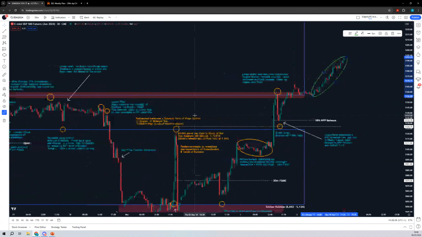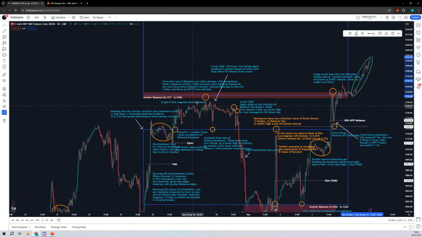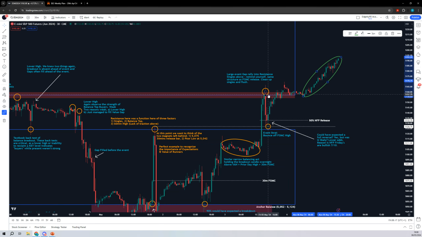Also, since this breakdown that happened on the 15th, we had the first back test, we had the second back test. Now, on breakout, we still are looking for a RTH retest.